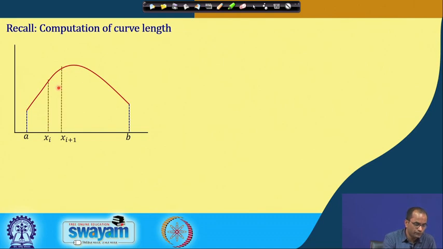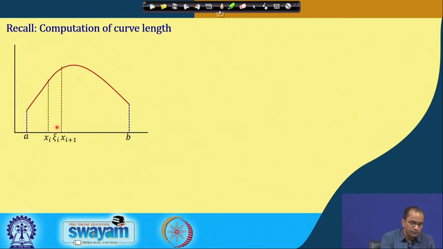What we do is divide the whole domain from a to b into small intervals, from x_i to x_(i+1), that is the one interval shown here, and we have discretized the whole domain from a to b into n such intervals.